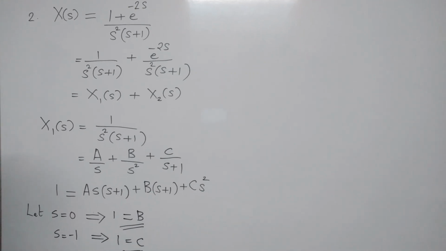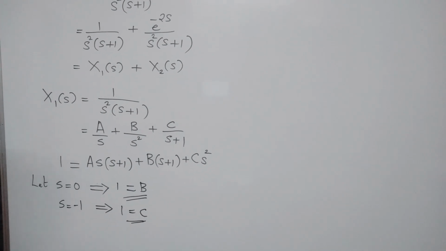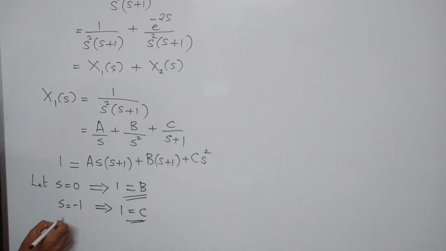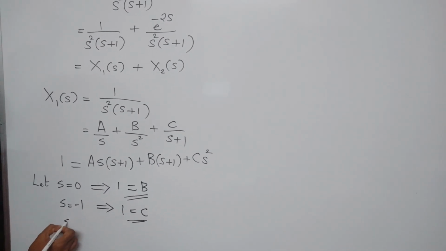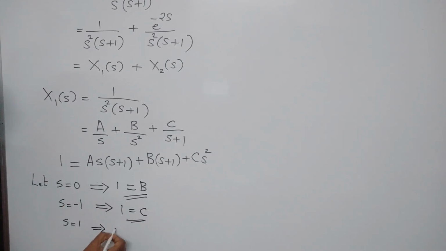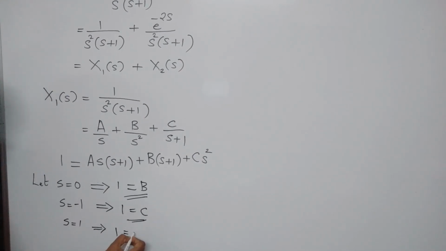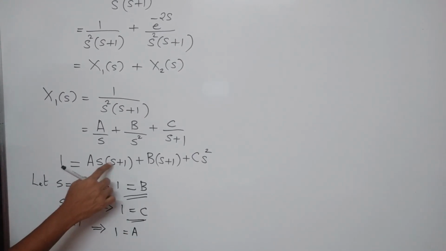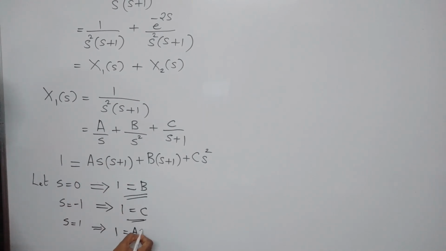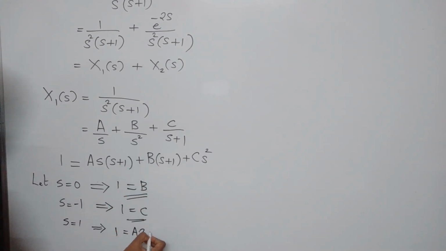Now to find out A, let's substitute s equal to 1. So the left hand side is 1. 1 is equal to A into 1 plus 1, which is 2, so A into 2, plus B is 1, 1 plus 1 is 2, so 2.